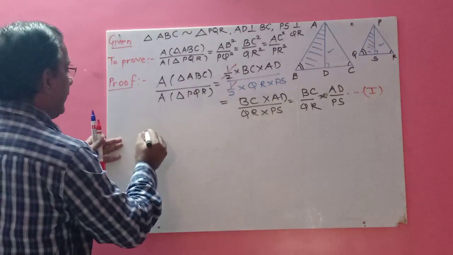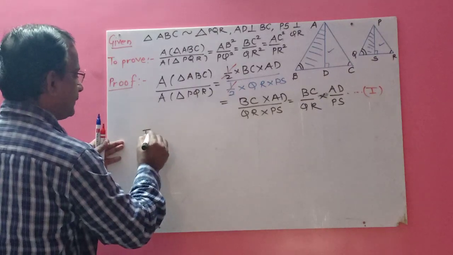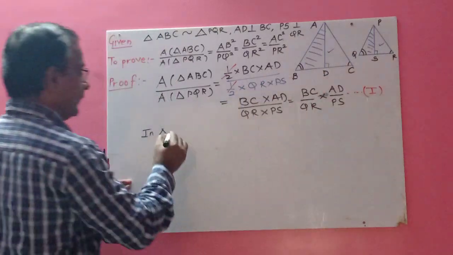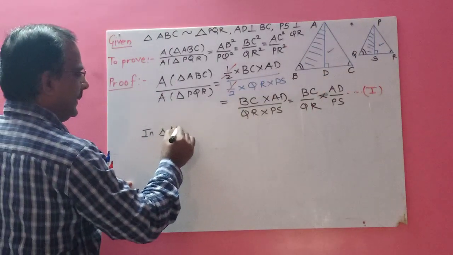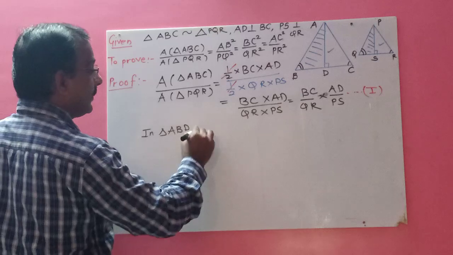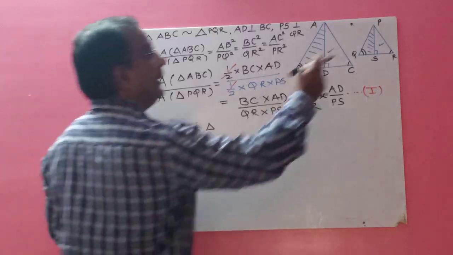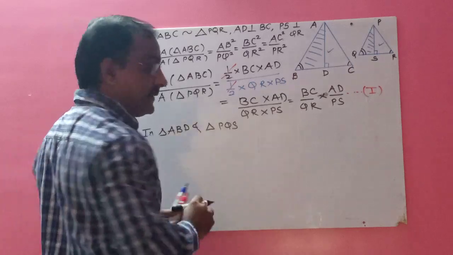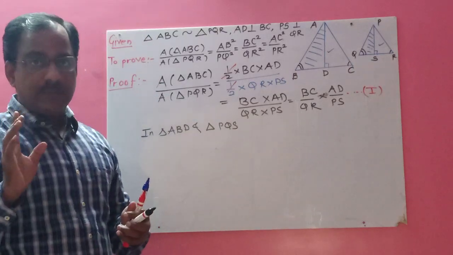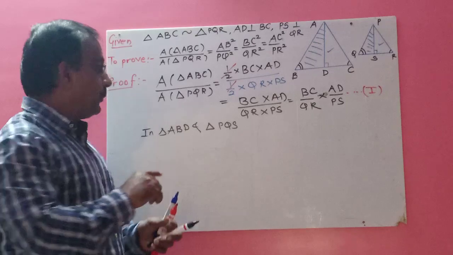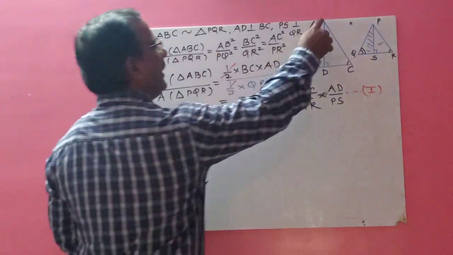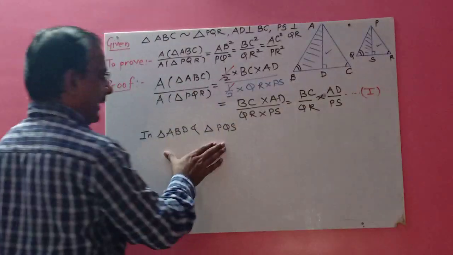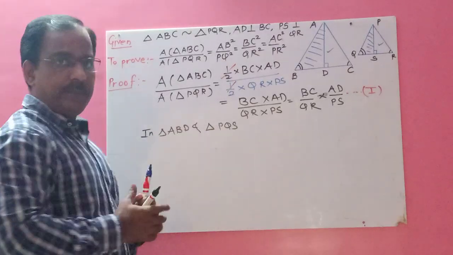Means in triangle ABD and triangle PQS, children, keep in mind, what is that? One-to-one correspondence. So ABD and PQS, these two triangles. Prove them similar.